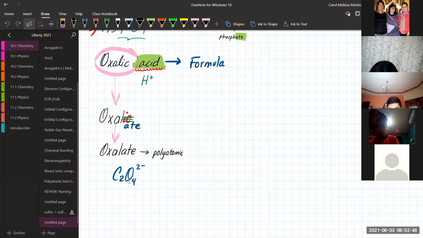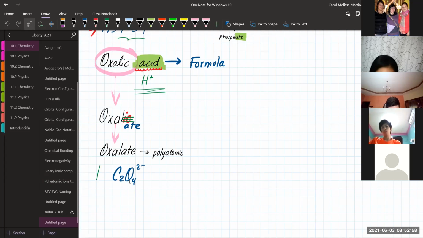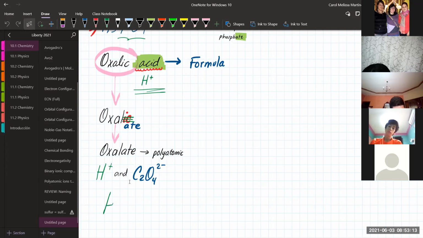So, this is an acid. You need to put the positive ion in front. So it is an acid that is combined with H+ and C2O4. When you mix them, you apply the rule for combining ions.